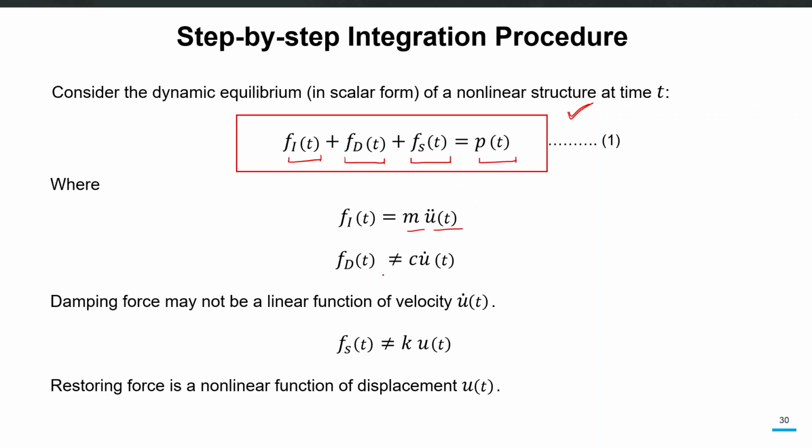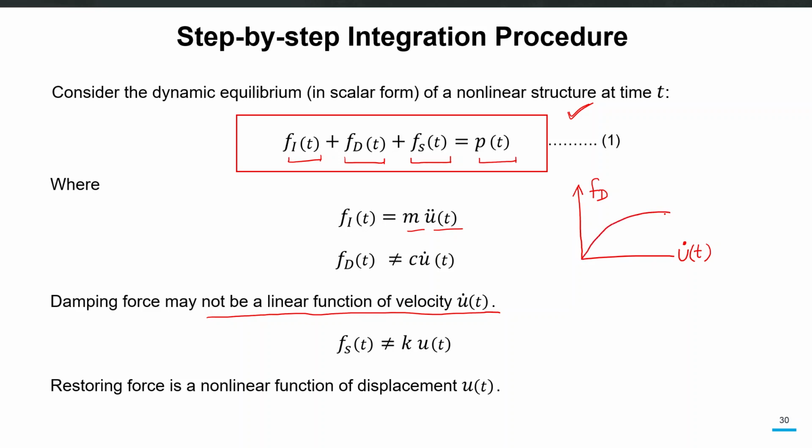However, the damping force, we will assume here, may not be a linear function of velocity now. Just like Fs, which may not be a linear function of u, the damping force also may not be a linear function of velocity. So it's a non-linear structure for damping force also.